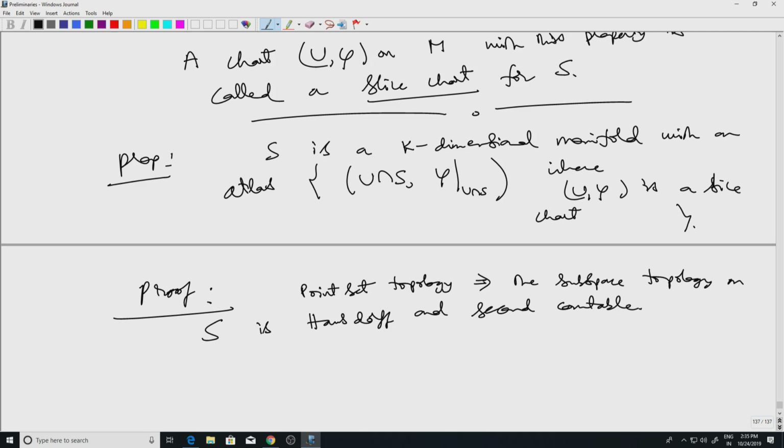So this is not an issue. What we have to check is that, remember, to check that something is a smooth manifold, apart from the topological condition, I need to have charts in the sense of homeomorphisms. Then I want to check that the transition functions are smooth. Well, so this is the first thing.